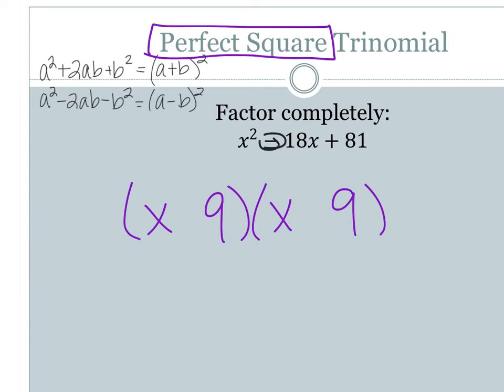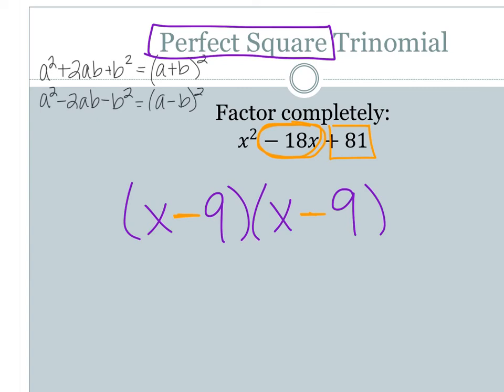The only problem is that the last term, if you remember from our notes from Monday night, tells us a clue about what goes inside the parentheses. If my last term is positive, then whatever's inside the parentheses has to have the same sign as the middle term. So both of these inside the parentheses need to be minus signs.